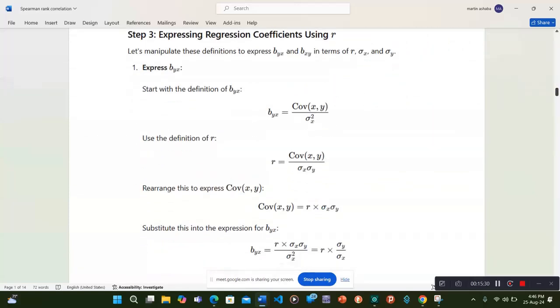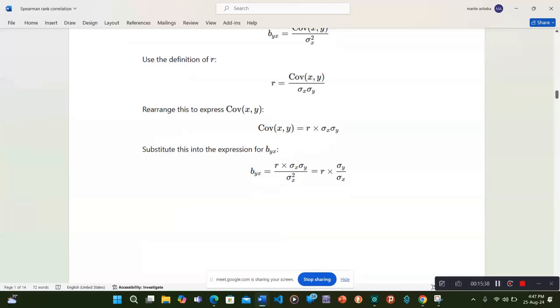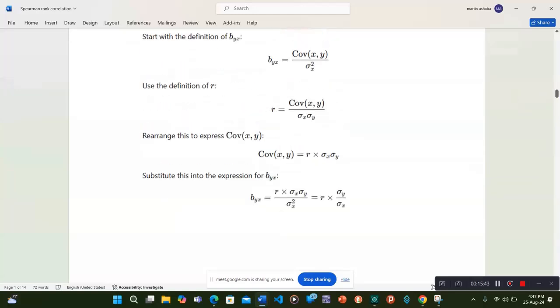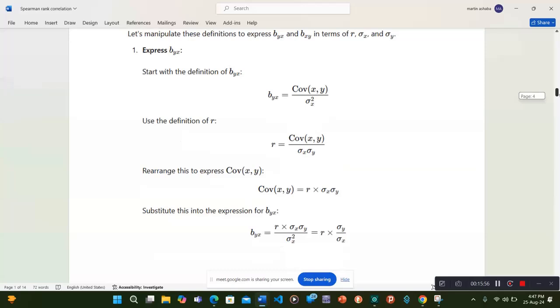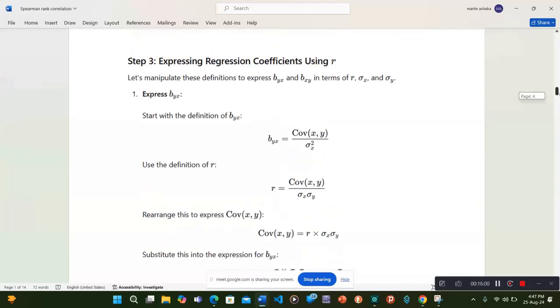So expressing regression coefficients using r, we have already done that. So our task is to, for example, get the covariance out. So from any of these, let me show you something.